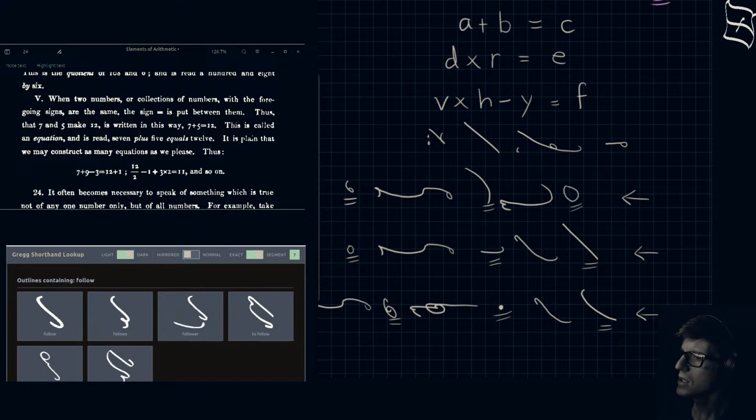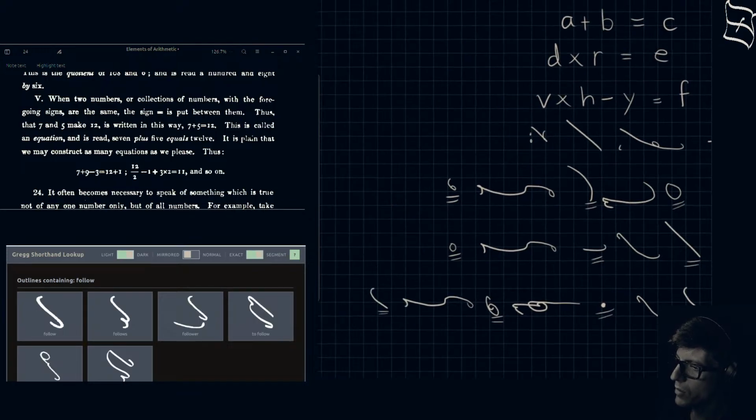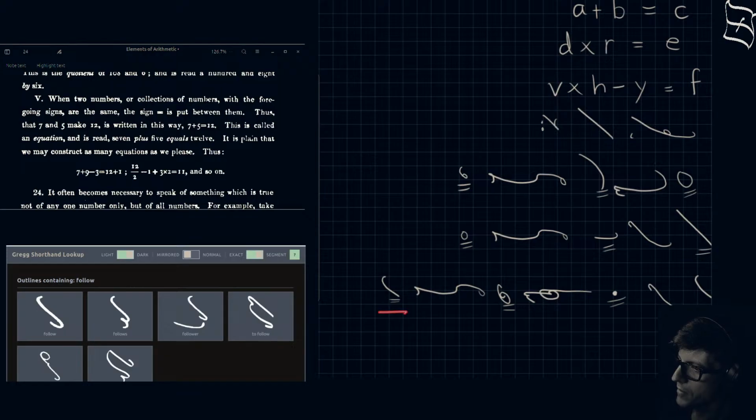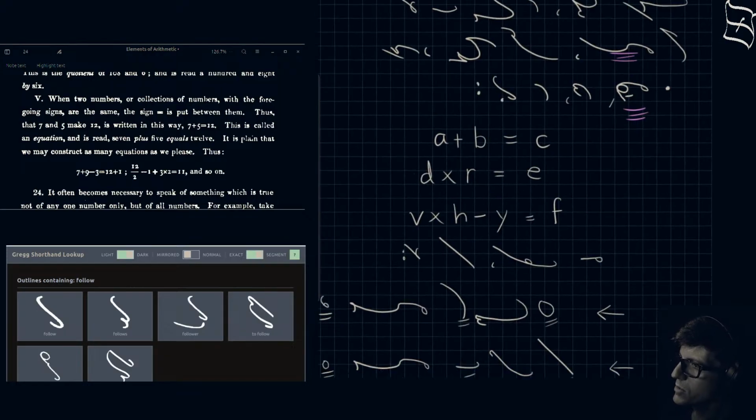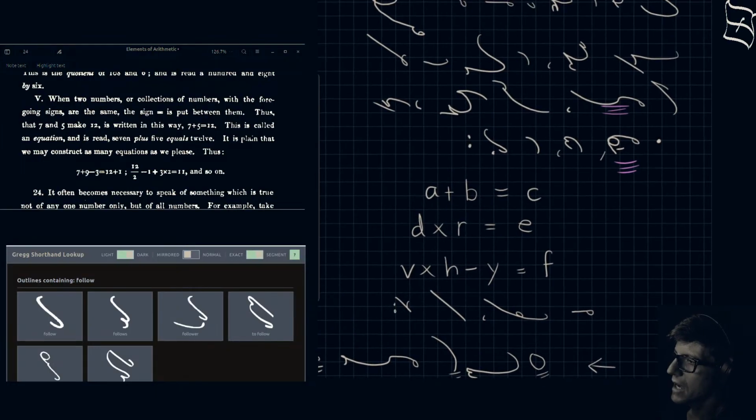Pretty sure it is. D into R equals E. V into H minus Y equals F. Okay? So those are the forms. Those are the three words in Gregg. Okay? So we've got that.